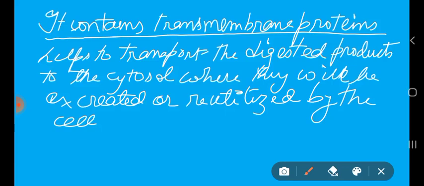So if I draw a diagram of a lysosome, it will look like this. So I am drawing the diagram. This is your lysosome.